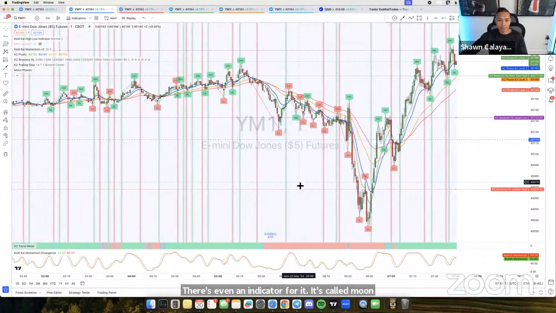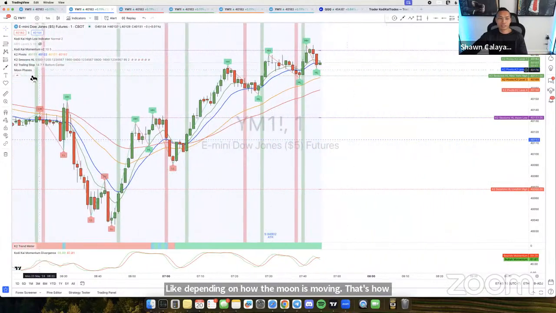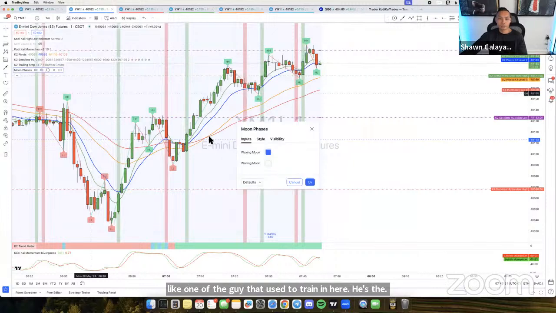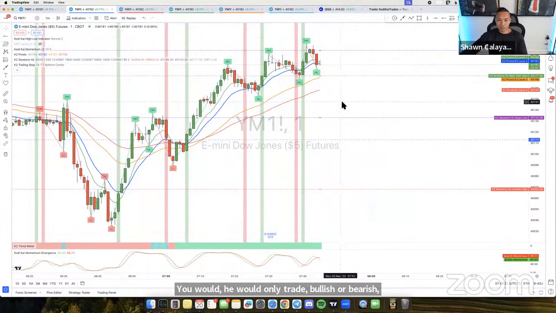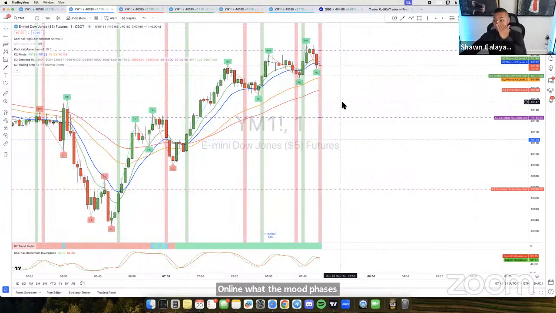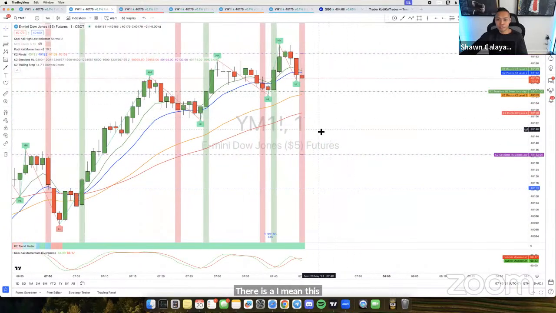Depending on how the moon's moving, he would only trade bullish or bearish depending on what the moon phases were, if we're in a full moon, a half moon, a quarter moon, whatever it was. There's a trading strategy for that, trading in moon phases.